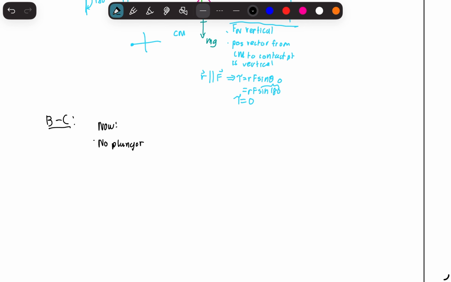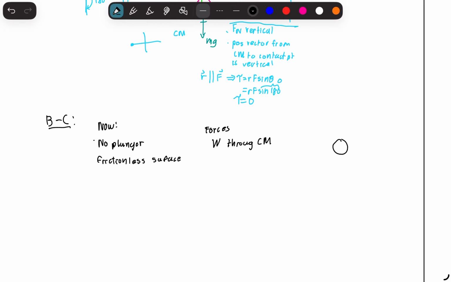So it's after the object was acted on by the force of the plunger. We still know that it's going to be a frictionless surface. And the forces we have are still going to be our weight force through our center of mass.